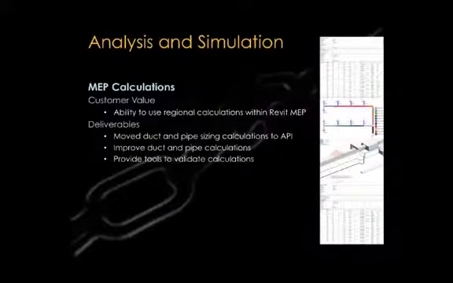In the MEP domain, the calculations now support regional variations by making use of external services. That means that duct and pipe sizing calculations can be moved outside the core product to the API and can be implemented and replaced by external developers.